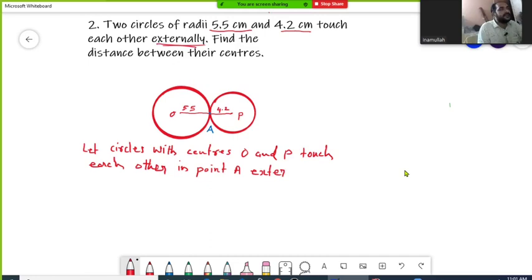The question says they're touching each other externally. So here we will write externally. So we will use the property of externally touching circles.